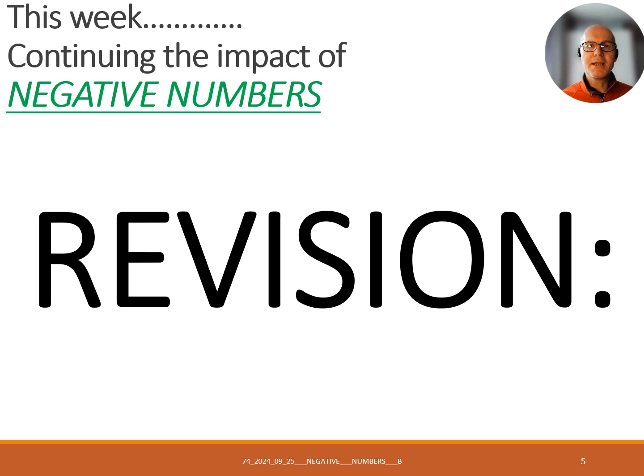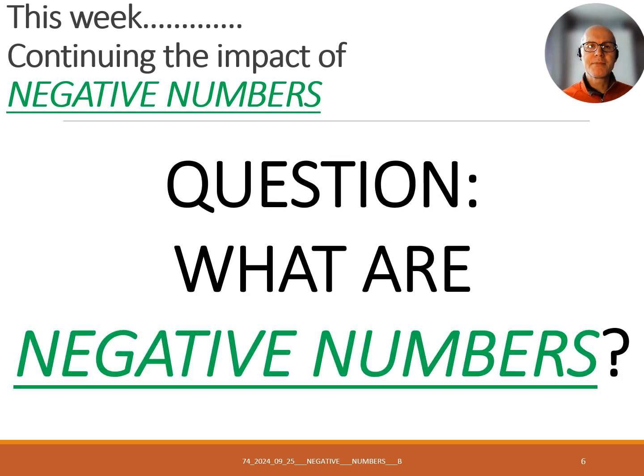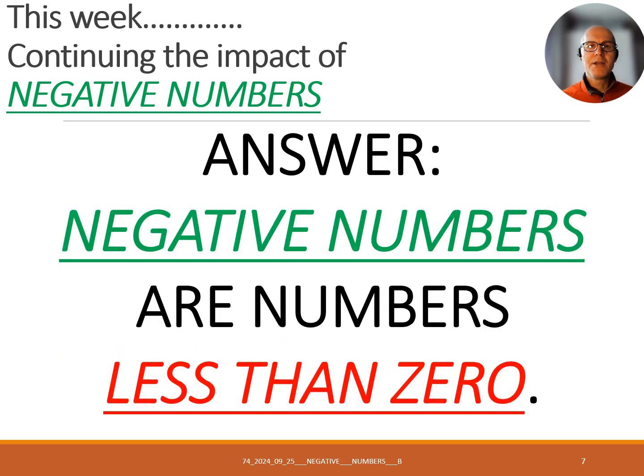Firstly, let's start with a little bit of revision when we're talking about equations with two numbers containing negatives. Let's start at the start. What are negative numbers? Simply, negative numbers are numbers which are less than 0.